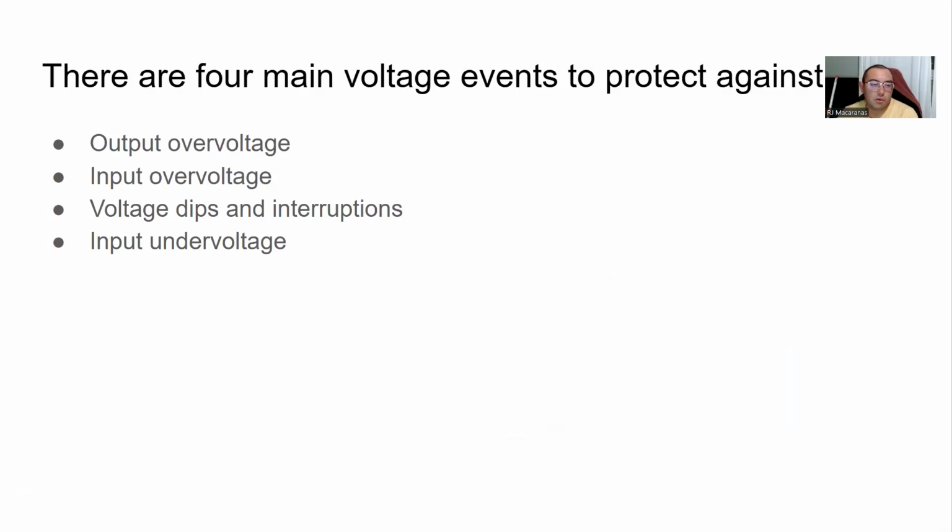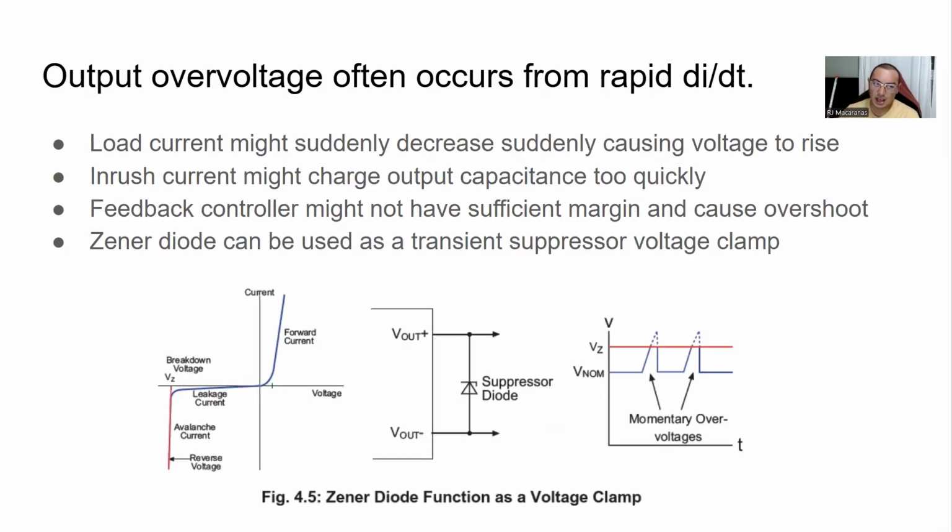Okay, so here are the four main voltage events that we'll need to protect against. We have output overvoltage, input overvoltage, voltage dips and interruptions, and then input undervoltage, which is related to these voltage dips and interruptions to some degree.